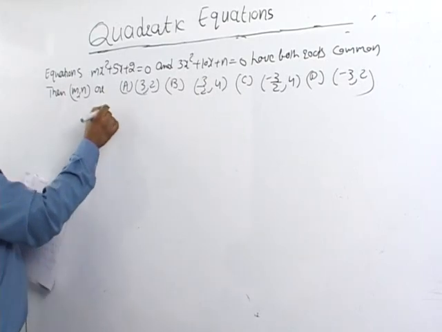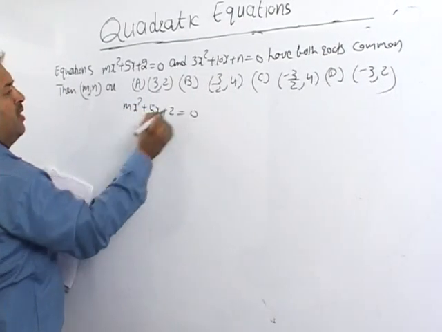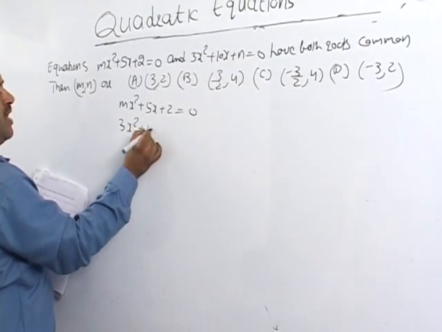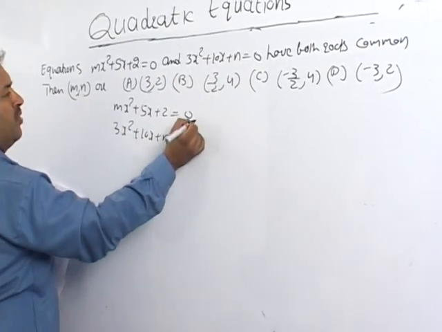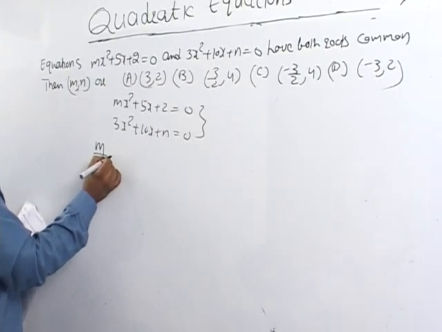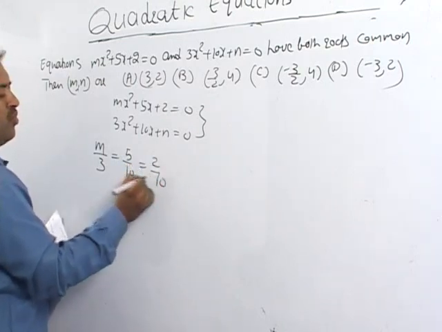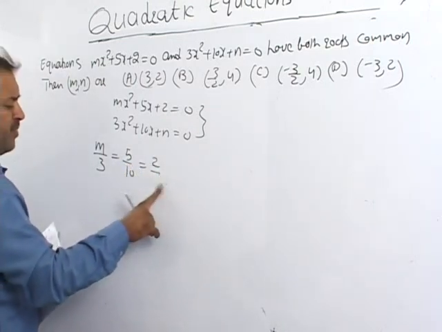That is, mx square plus 5x plus 2 is equal to 0 and 3x square plus 10x plus n is equal to 0 have both roots common. Then the condition will be m by 3 is equal to 5 by 10 is equal to 2 by n.